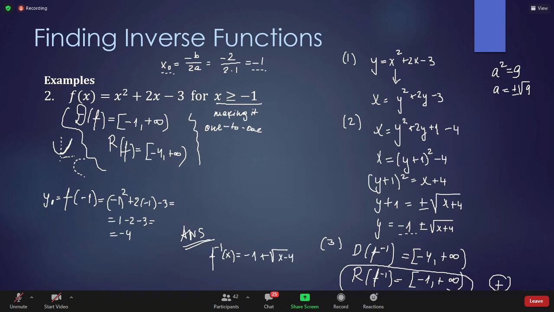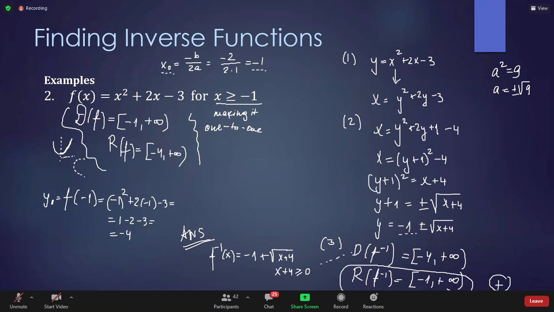Note that the domain actually does coincide because this was plus. You see how x has to be greater than or equal to -4 for the square root to exist. For the square root to exist, x + 4 has to be greater than or equal to 0. Yes, this corresponds.